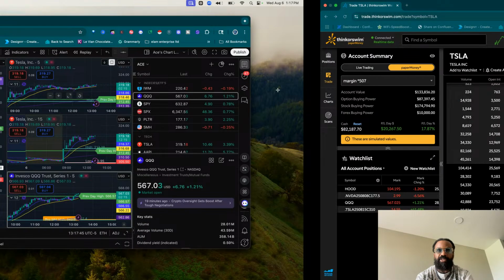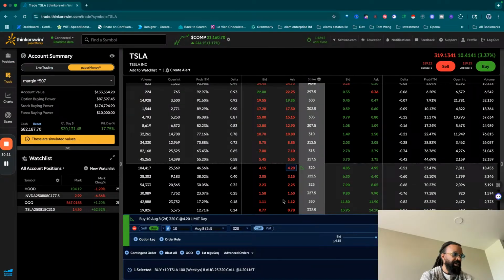I do have my confirmation screen pulled up for the order type. Choose market order to get filled very quickly. I'm just going to choose 10 contracts for this particular mock trade because we'll get to practice scaling as well. The 320 strike is the contract that I chose.